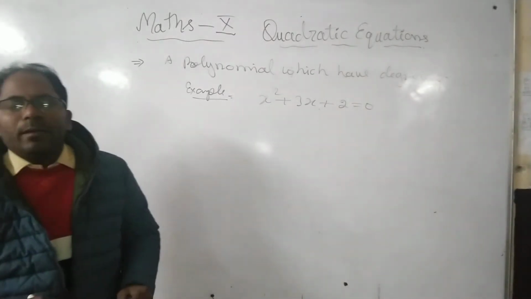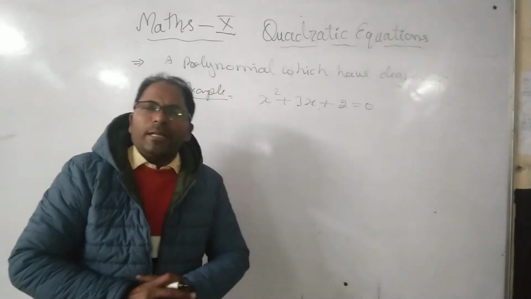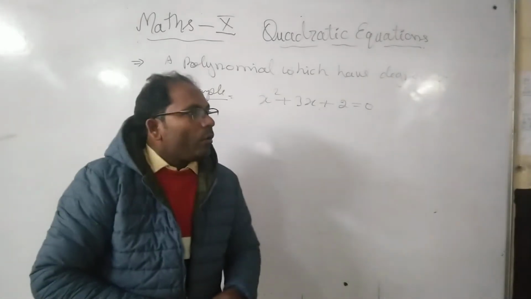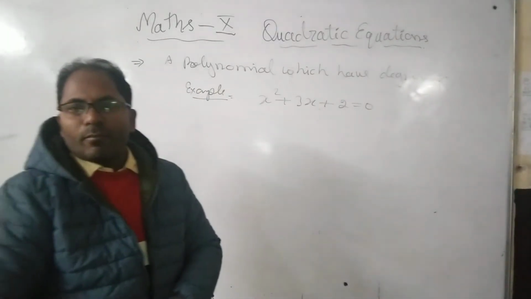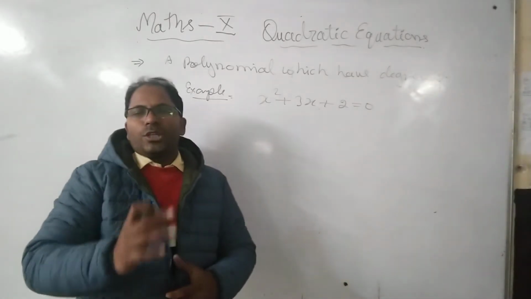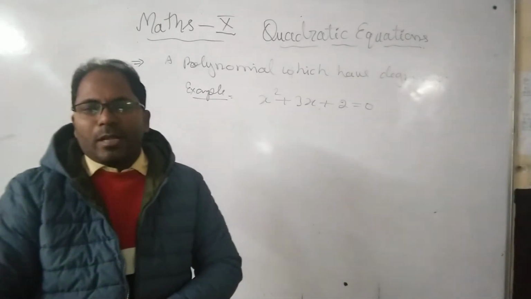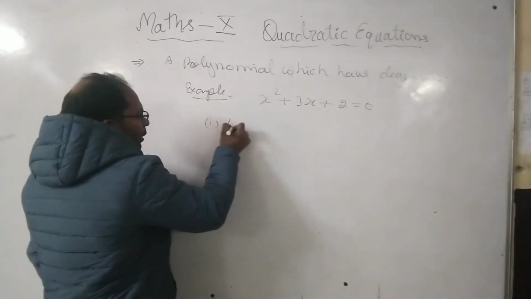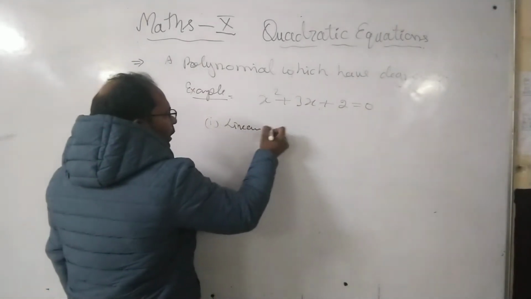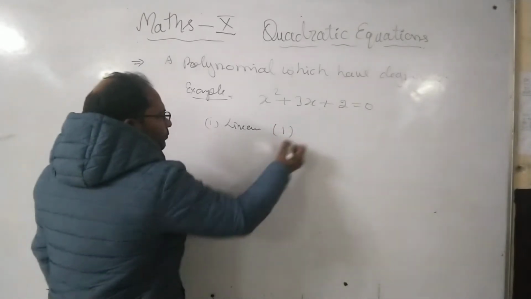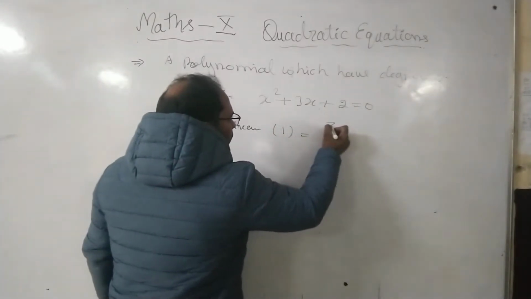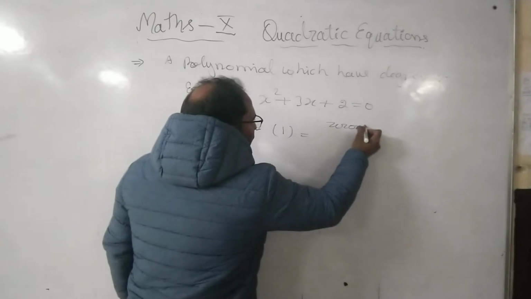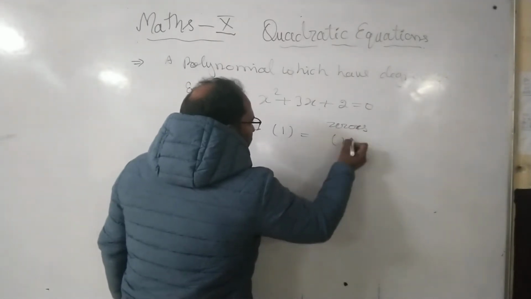One more thing we have learned in the polynomial chapter, that is to find the zeros. And how many zeros does a polynomial have? How many zeros does a linear polynomial have? Number 1, a linear polynomial whose degree is 1, the number of zeros is 1.